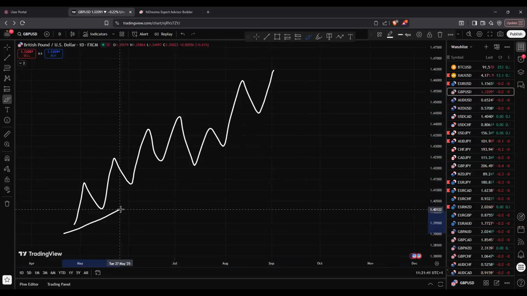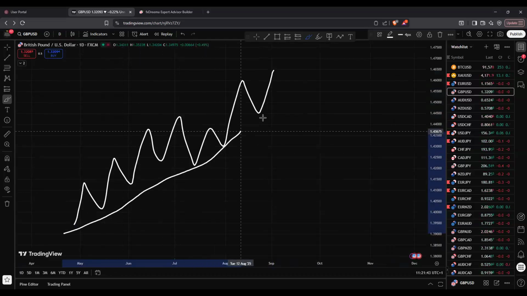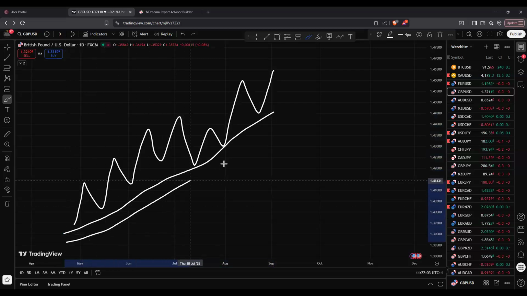So in a bullish market, the moving average is somewhat below price. However, if you add a second moving average that has a different period length to the first one, what would then happen is that the second moving average, depending on if the period length is smaller or larger than the first one, would stay either below price like this.